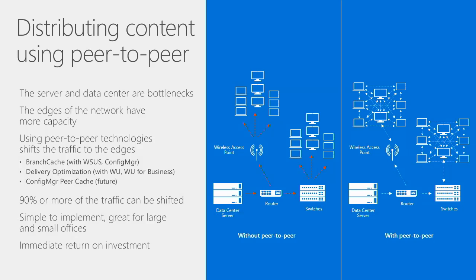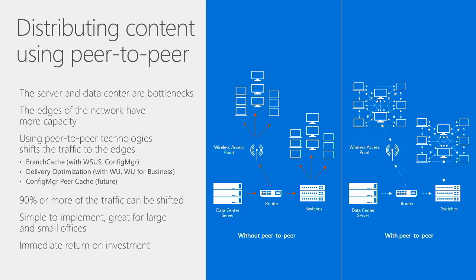It's used by Config Manager for all content downloaded from the Config Manager server. And as they continue to enhance Config Manager to be more BranchCache and network aware, they've even gotten to the point now where the policy downloads coming from the server use BranchCache as well. So they're constantly tweaking Config Manager to make sure that they have the least impact on the network possible just by turning on these operating system components.